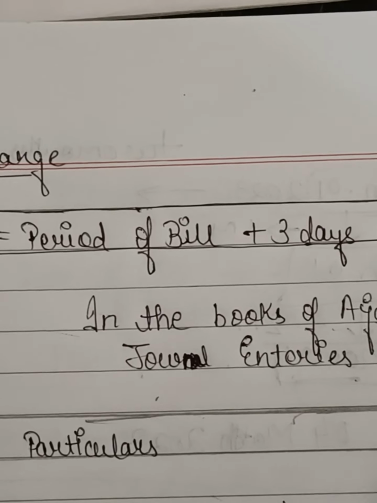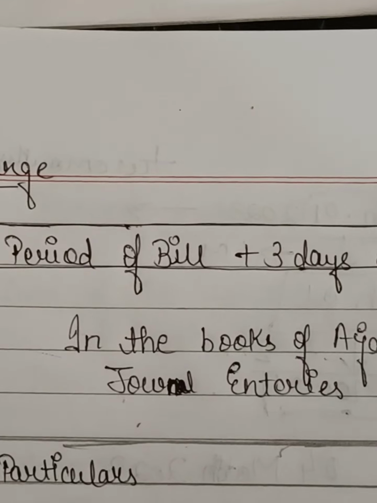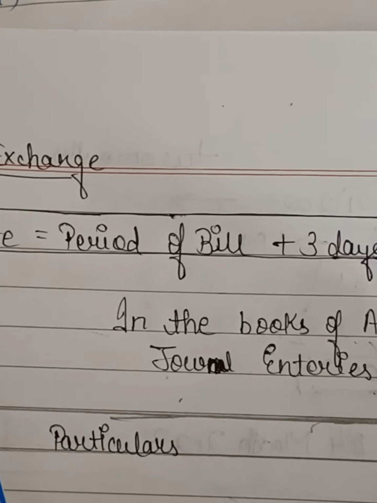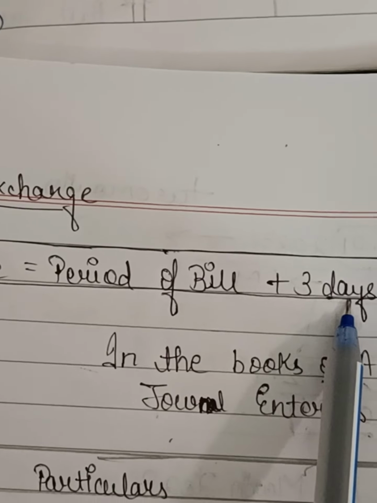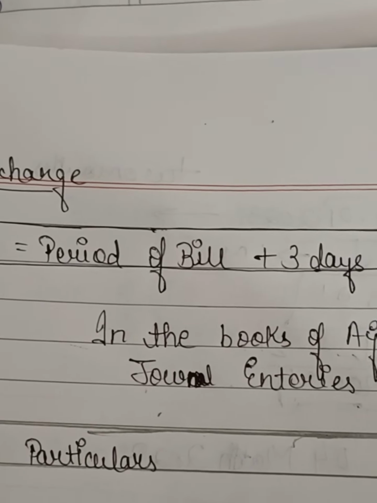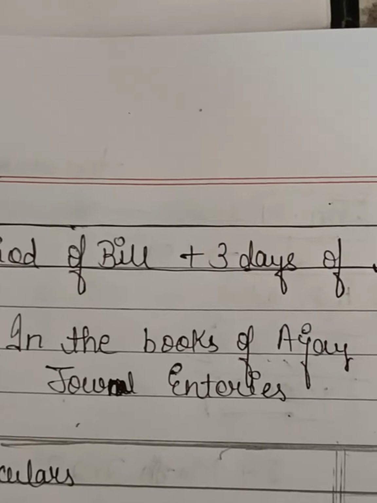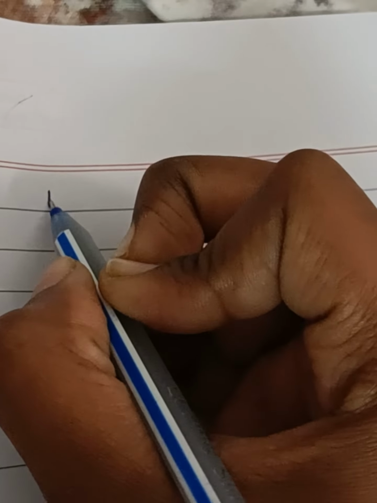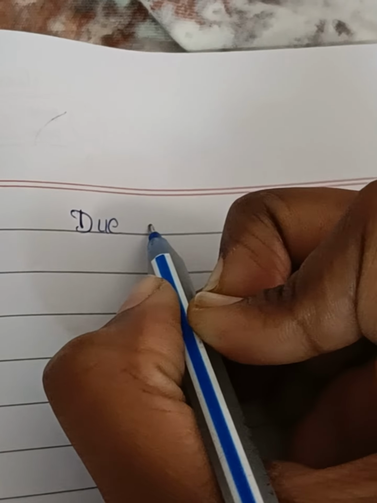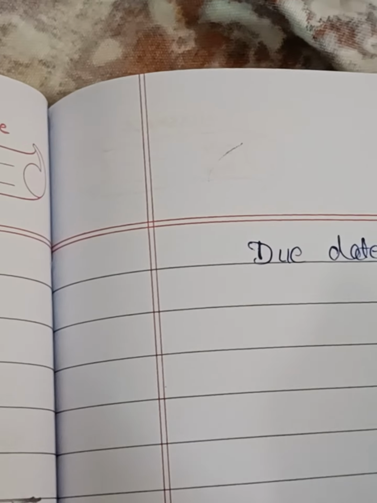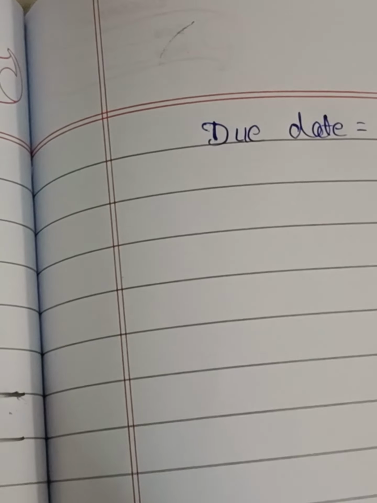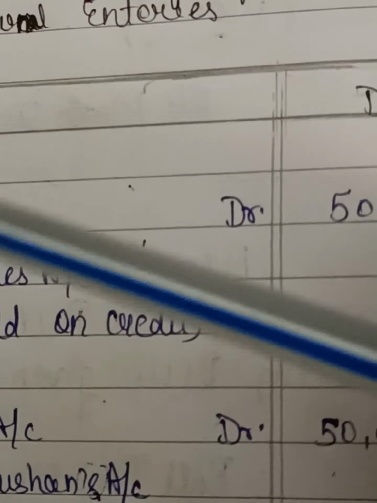How will you find the due date? Due date formula is: due date is equal to the bill period plus 3 days of grace. So you have to apply this formula and find the due date. What is the period of bill? Period of bill is 2 months, and the bill is received on January 1.